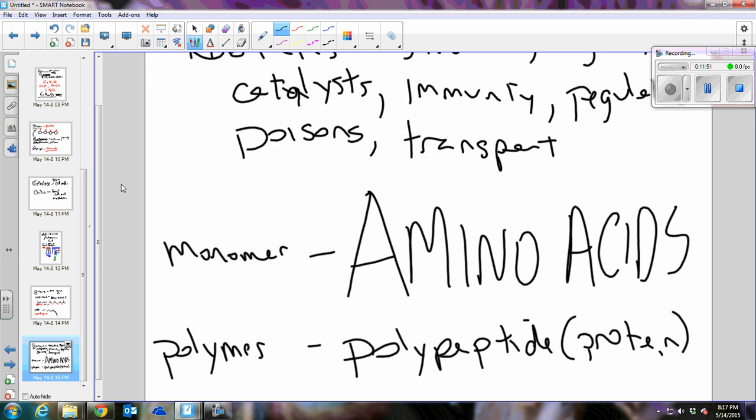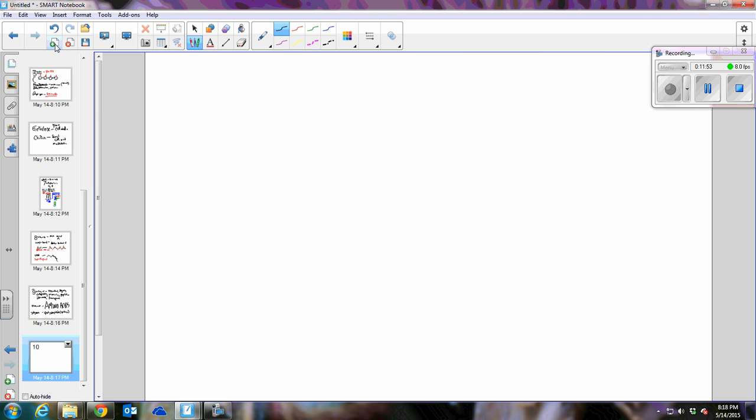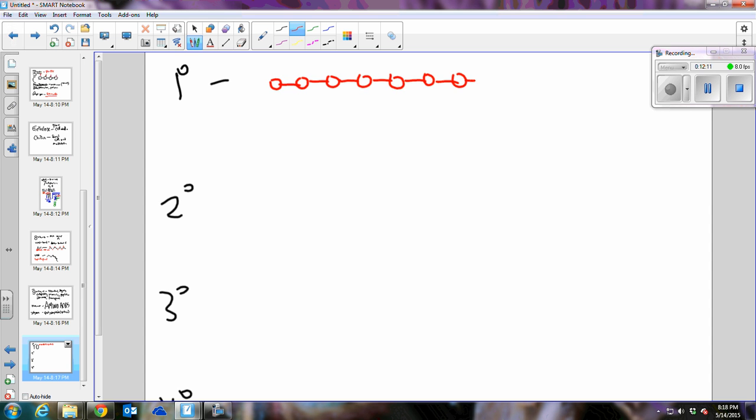All right. Now, real quick on proteins, they have 4 structures. We call them primary, secondary, tertiary, and quaternary. Primary structure of a protein is just a chain of amino acids, where these little circles are amino acids, and the little lines connecting them are peptide bonds. It's just a chain of amino acids, like Mardi Gras beads.